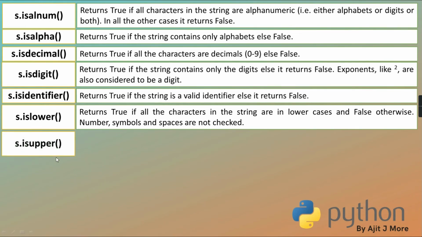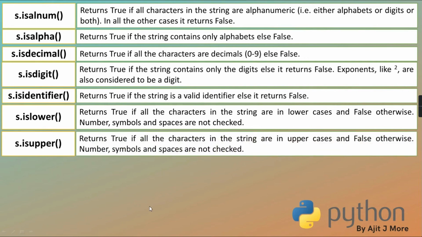In the same way isupper is also there. It will check whether all the characters in your string are in uppercase. Here all the characters in your string are in lowercase. So it returns true if all the characters in the string are in uppercase and false otherwise. Then we have istitle.